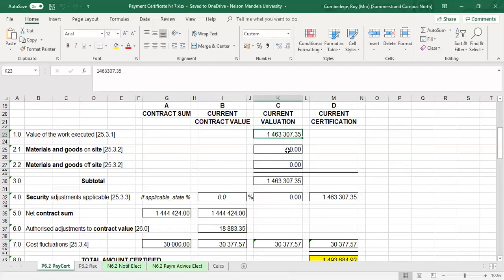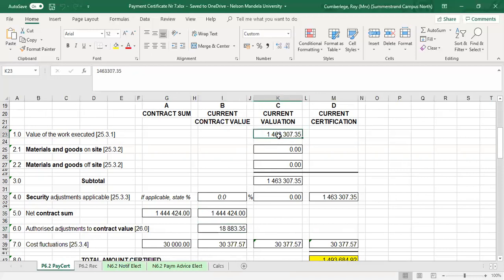Or in a nutshell, the net contract sum remains the same in column A and B, no change to that. The variable one is the value attached to the contract instructions, the adjustments to the contract value. And in this case, there was a net extra. How did we get to that?